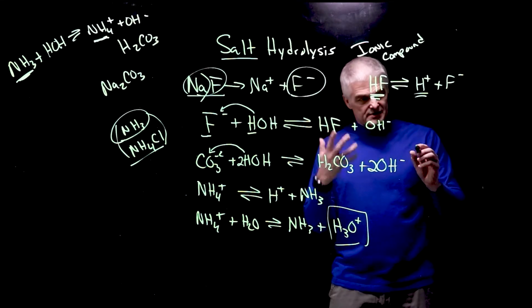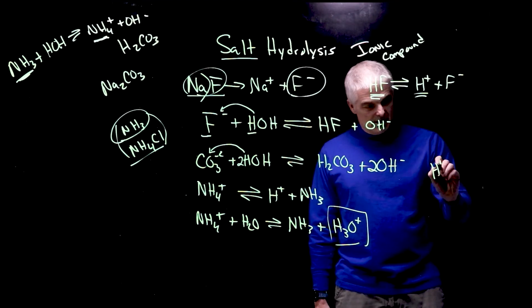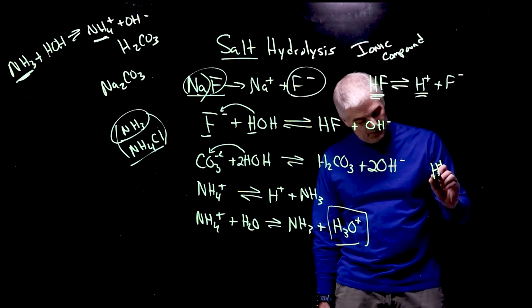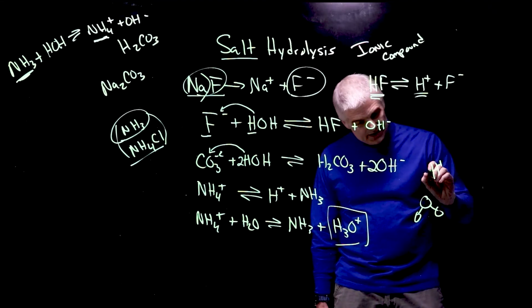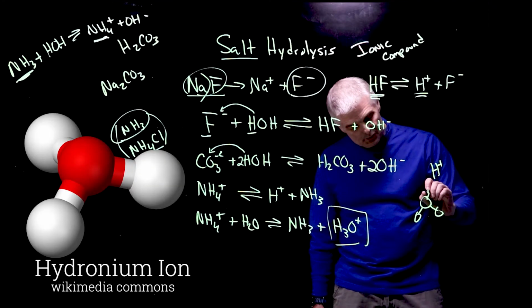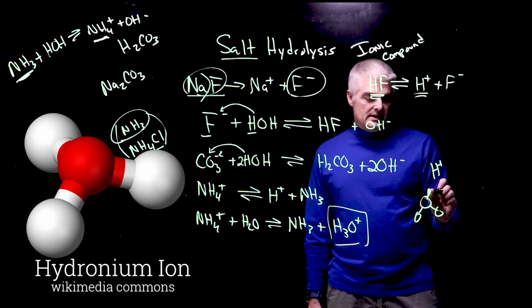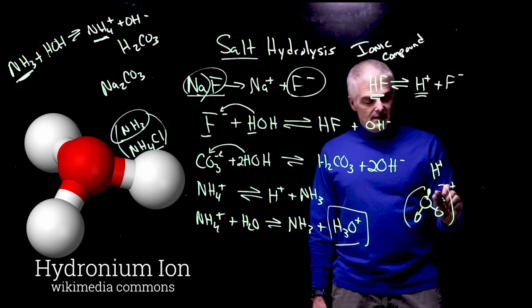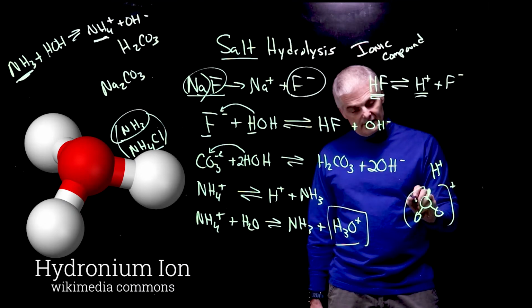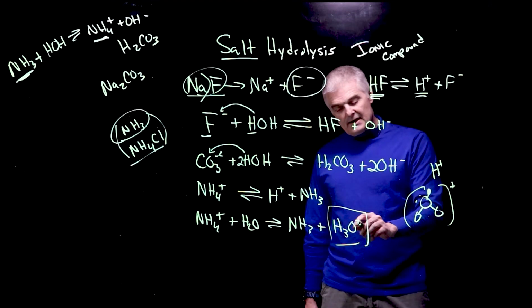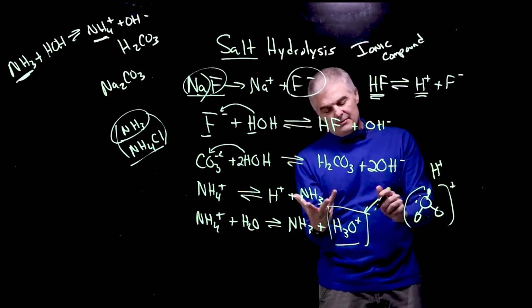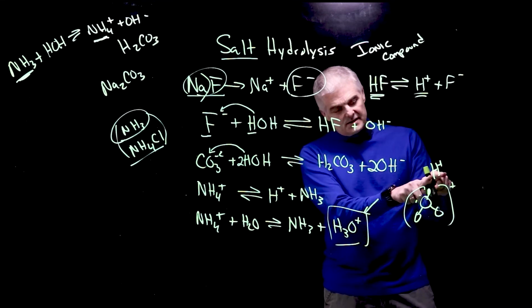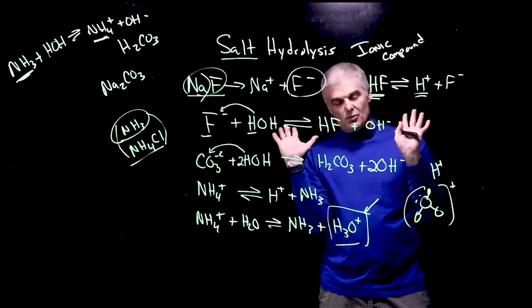Us chemists simplify and say H positive is what makes an acid, but what's really happening is the H is connecting to a bonding site on the water molecule, and then it has a positive 1 charge, and that is the hydronium ion. There's actually a couple of electrons here too. But when we do all of our math, this is simplified to H positive because it makes the math and the equations a lot easier.